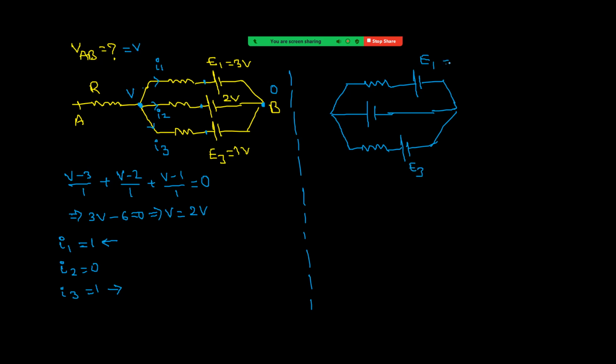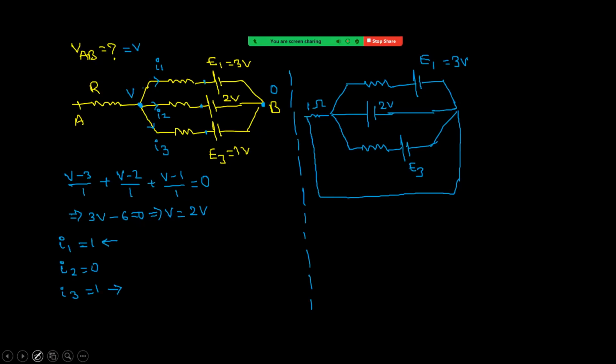This is 3 volt. Now we are connecting point A to B like this. This is now 1 ohm, and this is now 2 volt. So we have to find the currents through E1, E2 and E3, also through R.